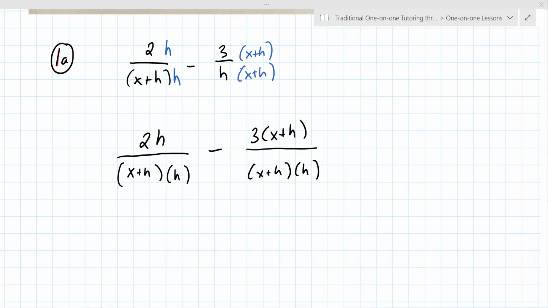Yeah. So okay, from here, this subtraction really is a -3, and that's what you're going to distribute to both.